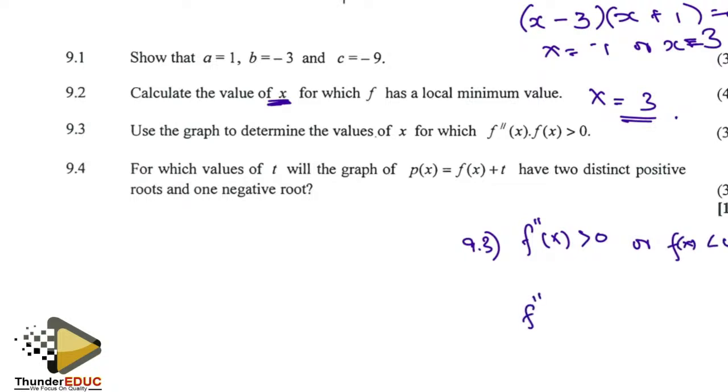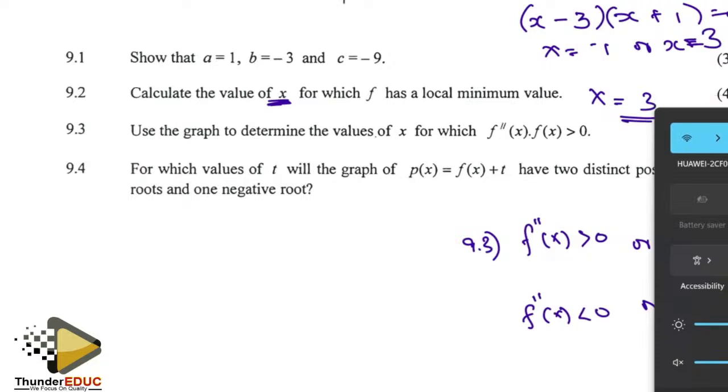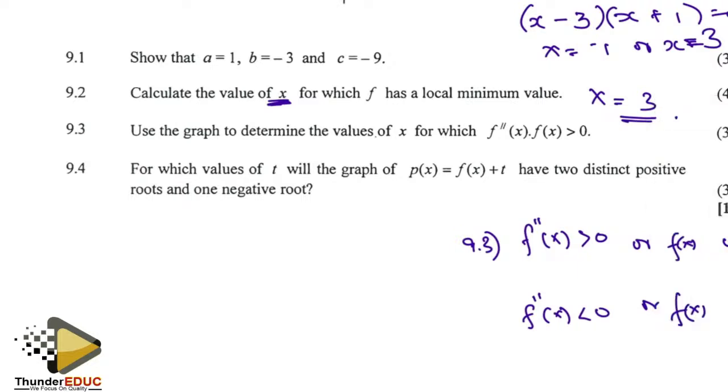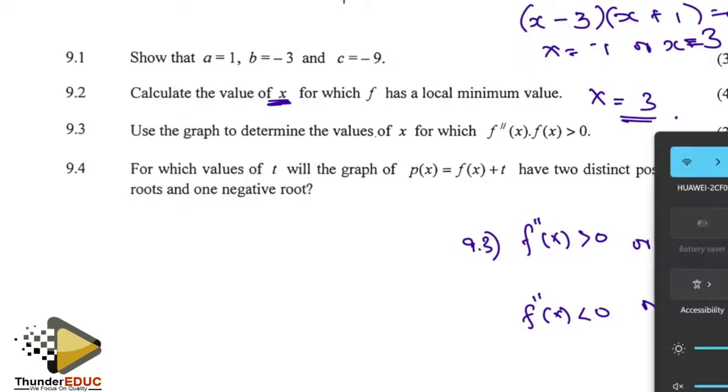Why am I saying that? If one is greater, the other must also be greater, since the product is greater than 0. And if one is less, the other must also be less than 0.